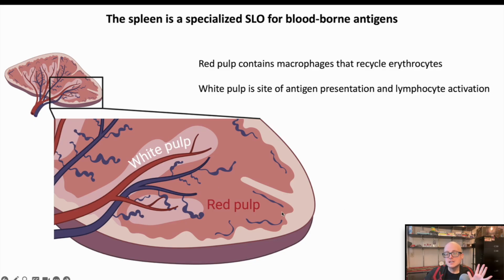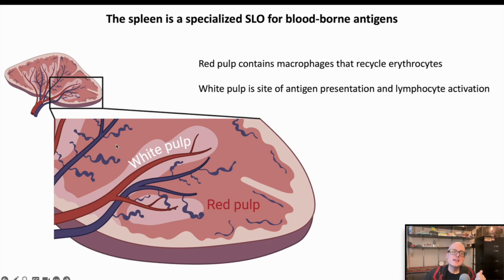In fact, the red pulp is rich in erythrocytes, and it does contain a population of macrophages which are eating and recycling old, damaged erythrocytes. For the most part, the red pulp is not really an immunological tissue per se. Most of the processes of antigen presentation and naive lymphocyte activation are occurring in the white pulp, which is much more enriched for white blood cells, leukocytes.